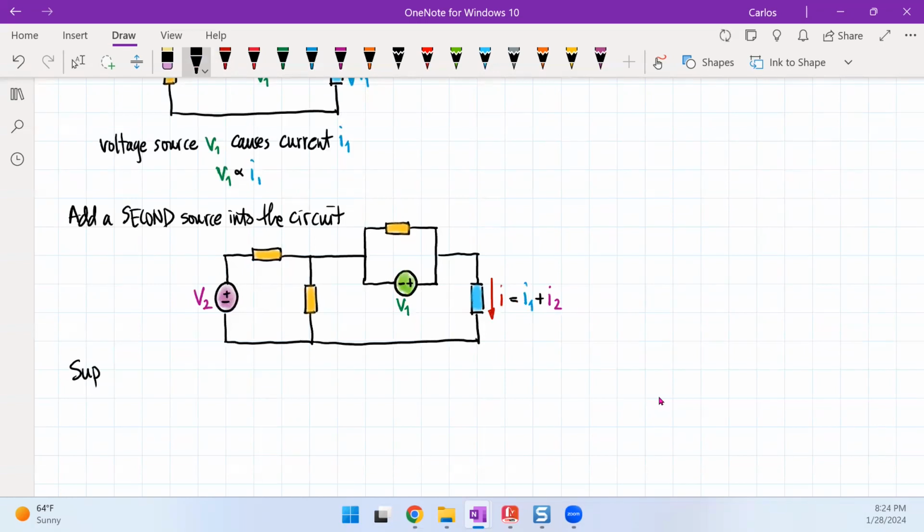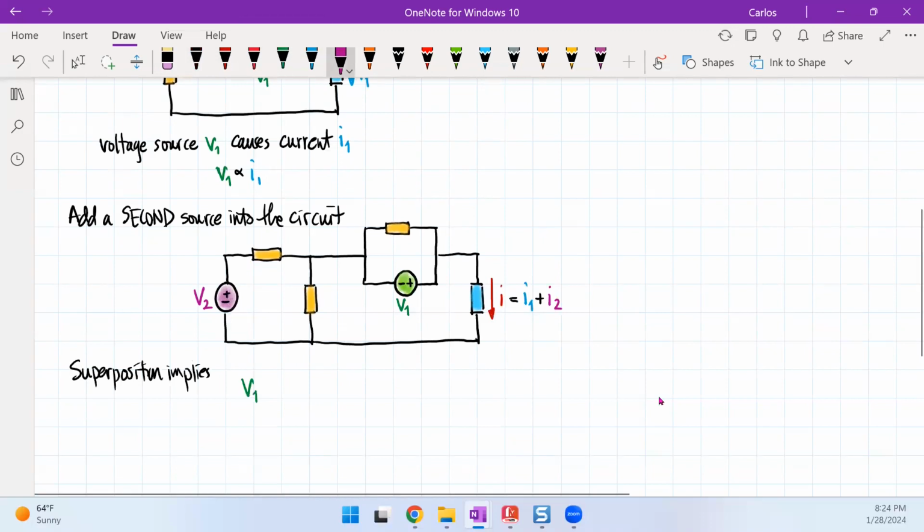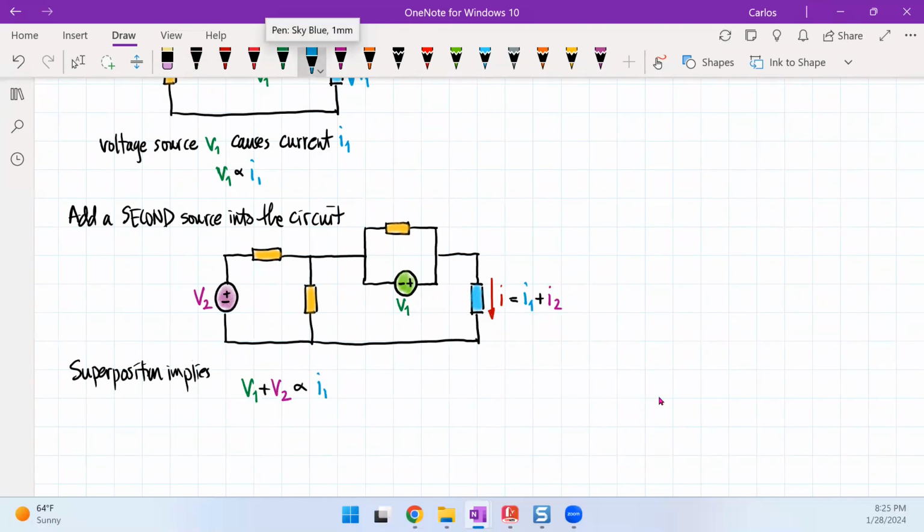So superposition implies that V1 plus V2 are directly proportional to the current I1 plus the current I2. There's a direct cause of these currents, and it's very similar to Newton's second law.